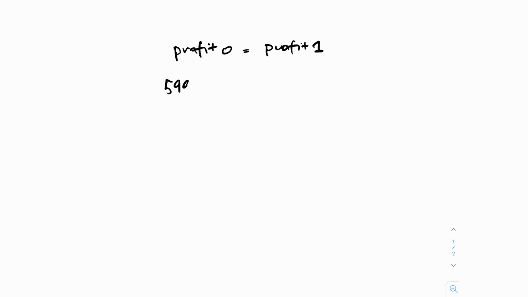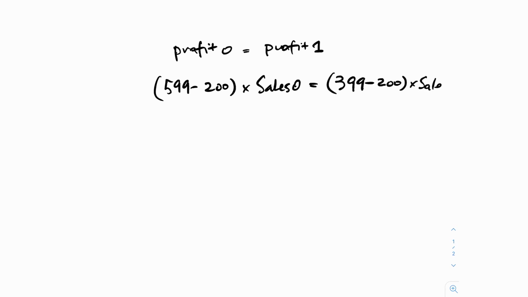So when you lay out this function, you have $599 minus 200 times the unit sales 0, before the price change, equal to $399 minus 200 times the unit sales 1, the unit sales after the price change.